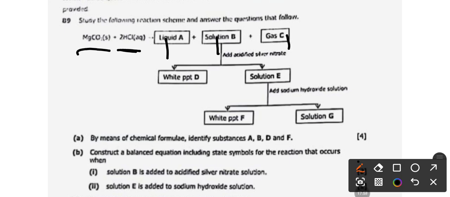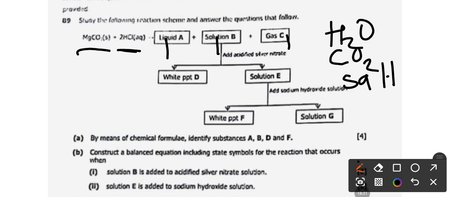We should keep this in mind: when a carbonate reacts with a dilute acid, we have three substances produced. Number one, water. Secondly, carbon dioxide, and thirdly, a salt.